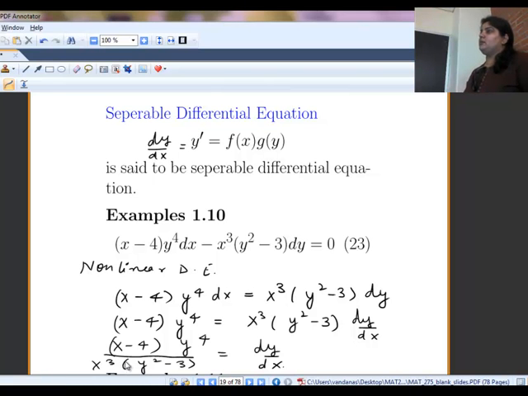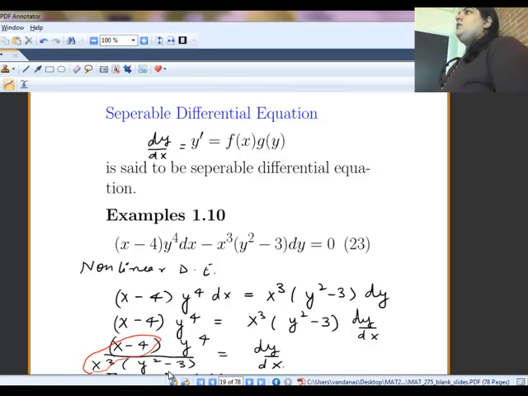So what's f? Is it this? Because it's a product, right? (x minus 4) divided by x cube is f(x), and y to the power 4 over (y square minus 3) is g(y).